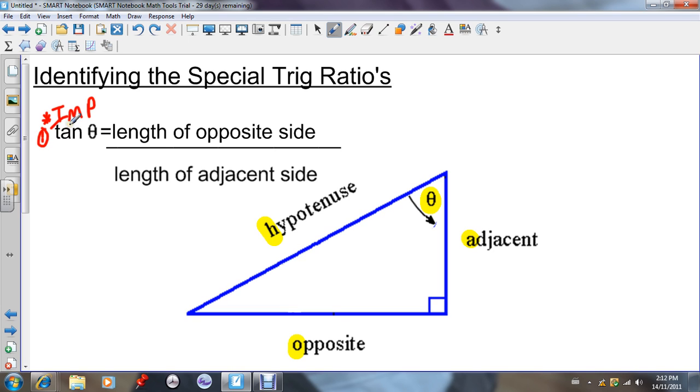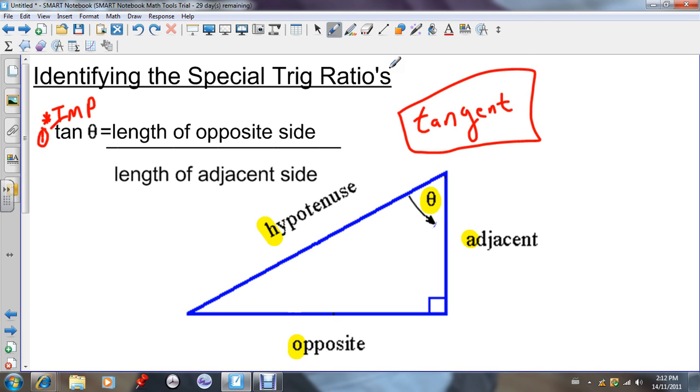This is tan theta. It is actually known as the tangent ratio. Okay? This is a Greek word, and I don't know what it means. But I do know that it's very, very important for the study of right triangles.